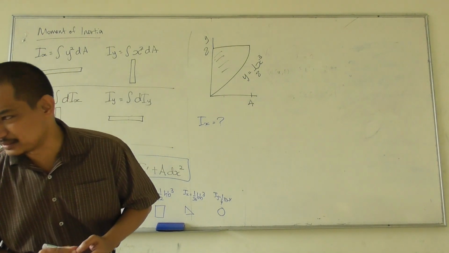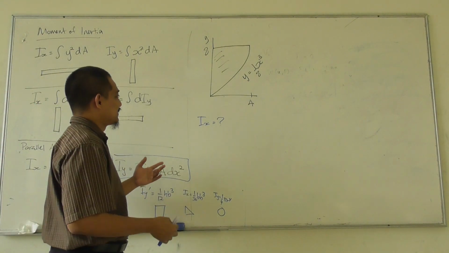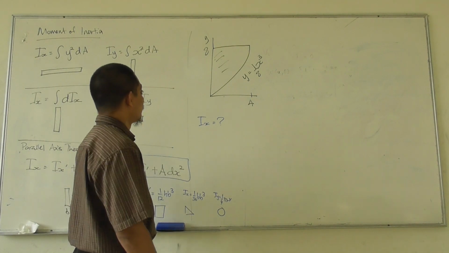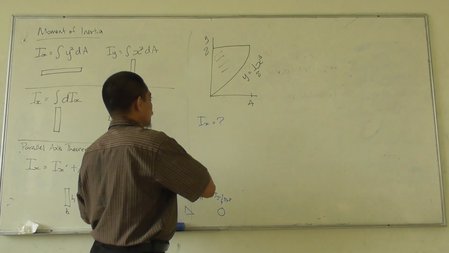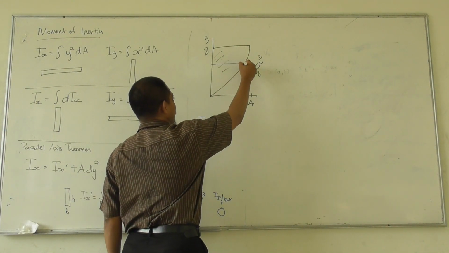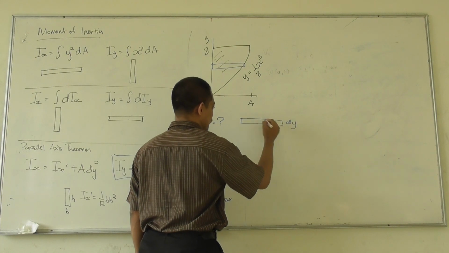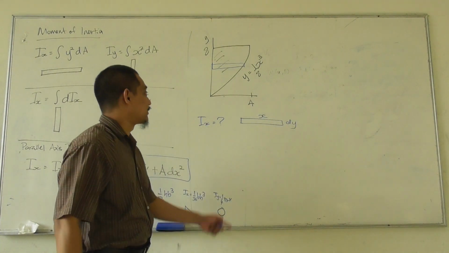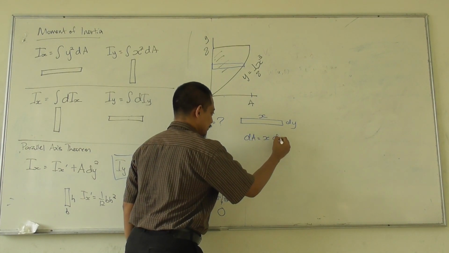We want to find Ix, is it? In this case, if you use horizontal element, that will be easy. So it will be something like this. This will be d1, this will be x for this particular element, meaning dA is dy.